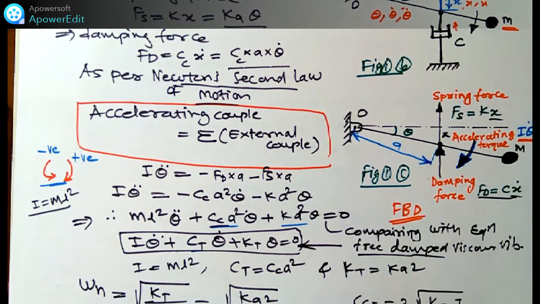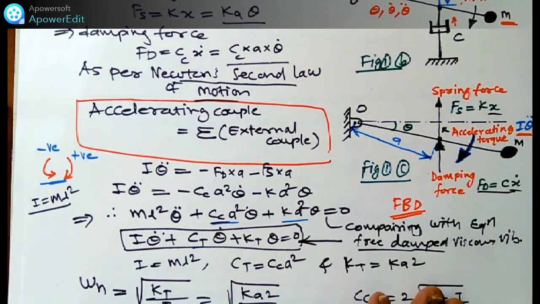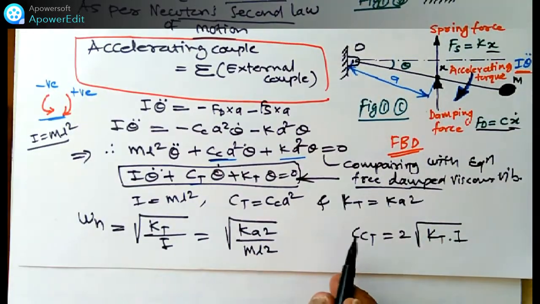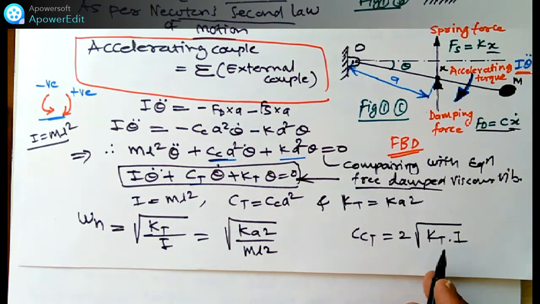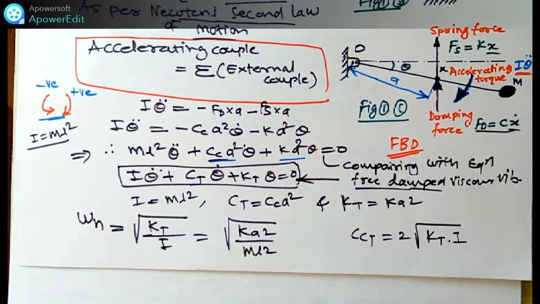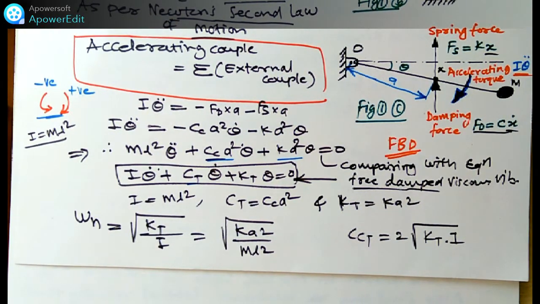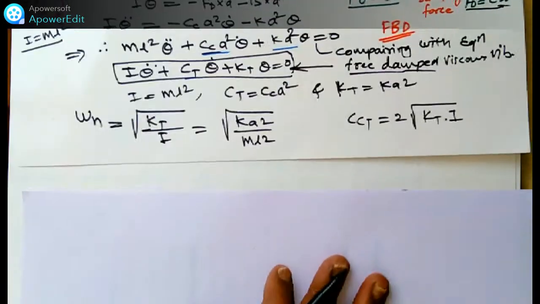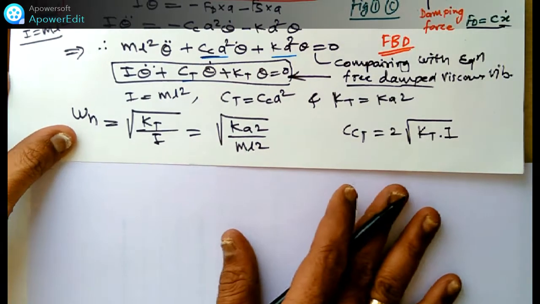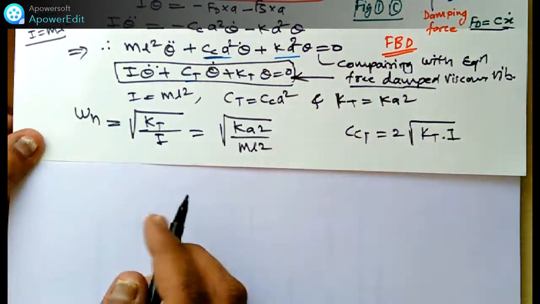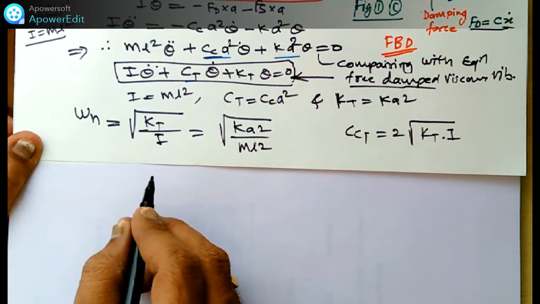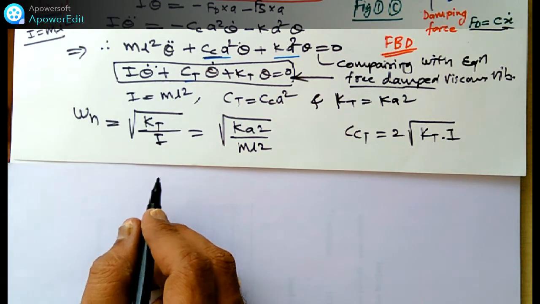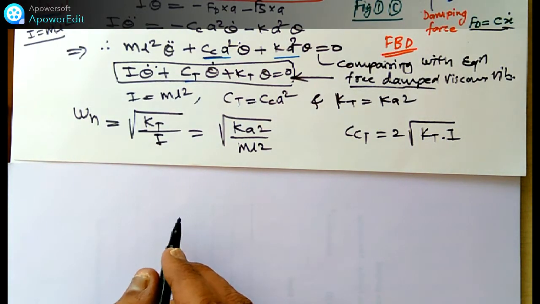Cct is equal to this one. Okay, so we can put these values in this one, where in this case we have to derive the equation of motion for this system. How we can derive? Just getting these values, this one, omega n and Cct we have just found out.